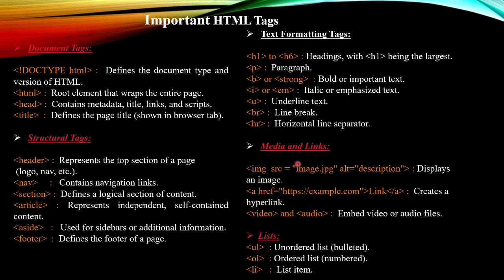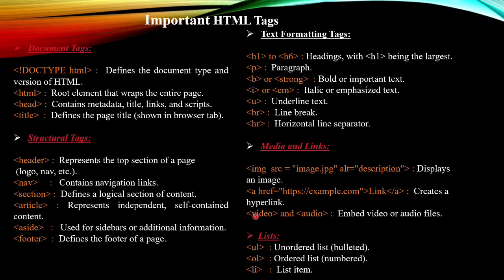Next are media and links. Media tags are image, video, and audio tags. Here is the syntax of how we will use the image tag, which displays an image in your web page. The anchor tag creates a hyperlink to redirect to some other page or link, whatever you want.